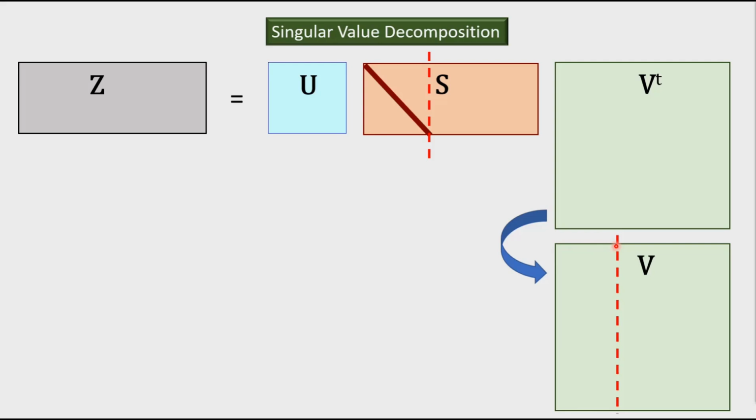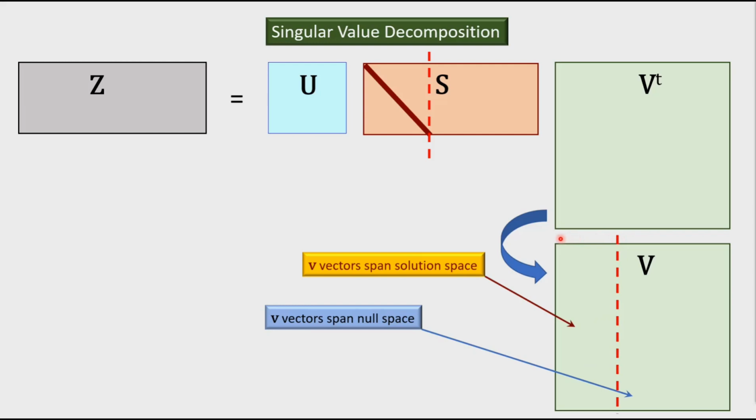And this partitioning of the S matrix leads to a partitioning of the V matrix, which is effectively a partitioning of parameter space into two orthogonal subspaces. The V vectors on the left side of this truncation line, this partitioning line, span the so-called solution space.